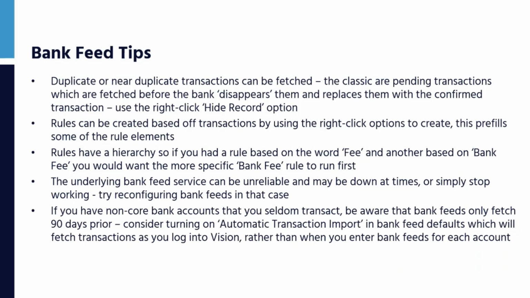So even if you are using the non-CDR model of bank feeds, the old screen scraping, those transactions are seen as unique because the descriptions have changed, even though the amounts and the dates and whatever else remain the same. So you do have the option to work out which transaction you want to disappear and do a right click and choose hide record.